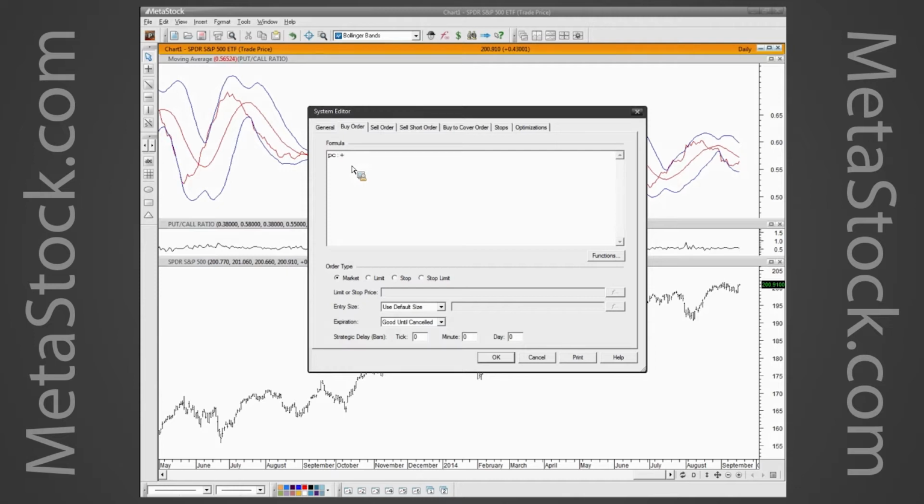And then we need to use a colon equal to set a variable.